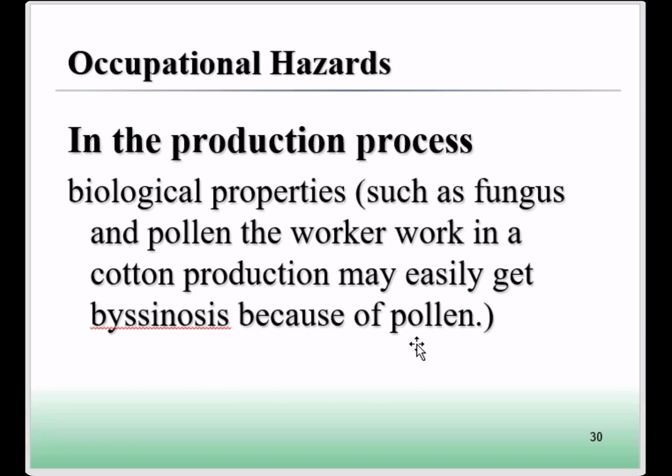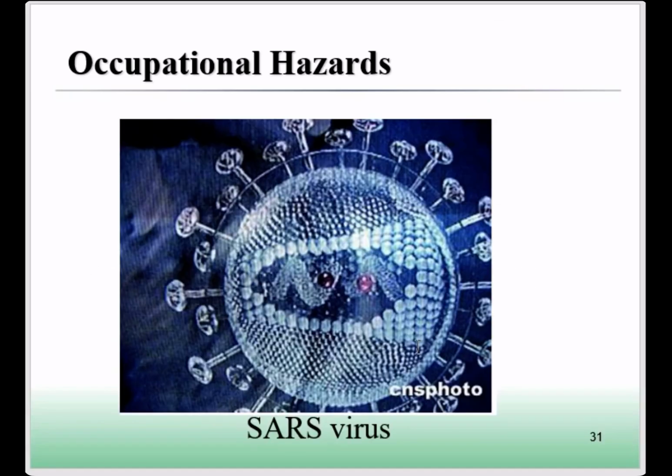Then after they go back home, the fever is gone. They're fine. Then they go back to the workplace and find they have a fever again. That's because the patient is allergic to the pollen or the fungus, which you can find in the environment of their workplace. So that is biological properties.